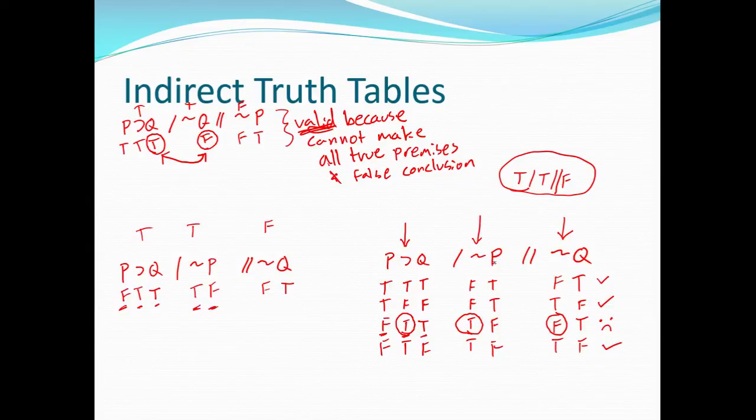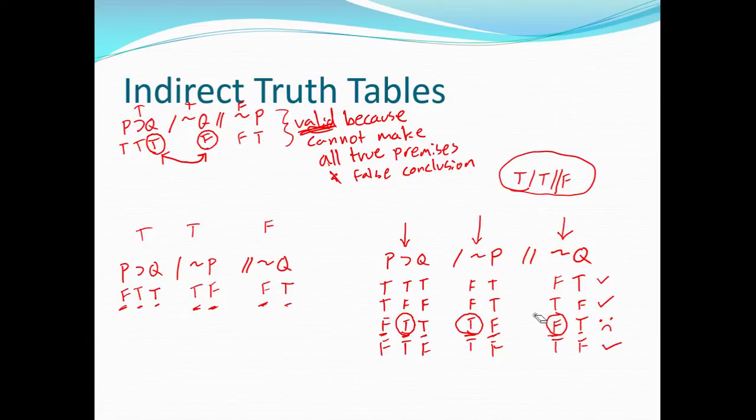Go to the second problematic premise for the old school truth table, you have a true and a false. Then you go to your conclusion of the indirect truth table, you have a false and a true. Go to the conclusion of the old school truth table, you have a false and a true. So what the indirect truth table does is it forces this problematic line to show up.